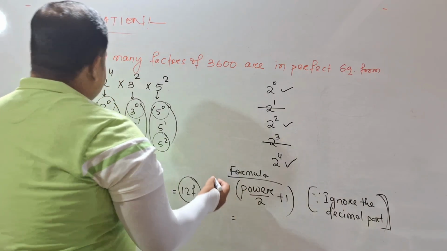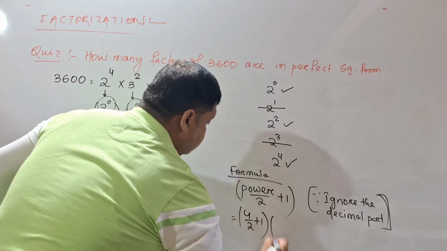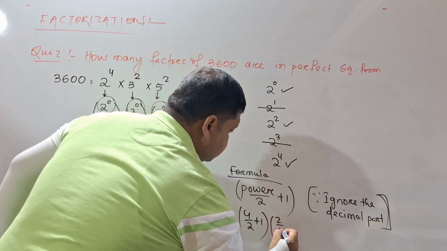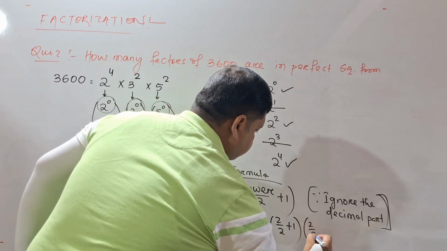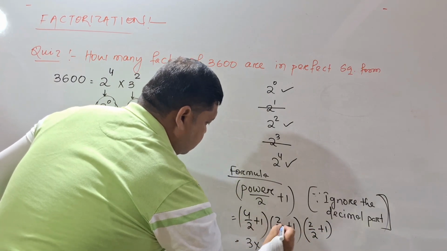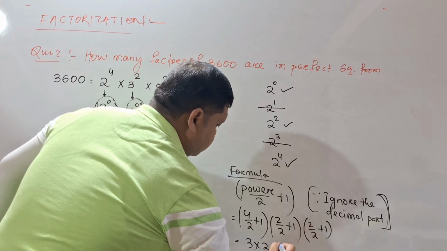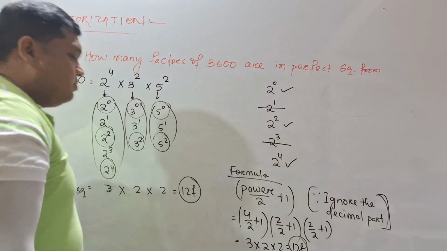So here basically what I will write: 4 by 2 plus 1, 2 by 2 plus 1, again 2 by 2 plus 1. So this is 3, 1 plus 1 is 2, 1 plus 1 is 2. So this is 12 factors. Visible?